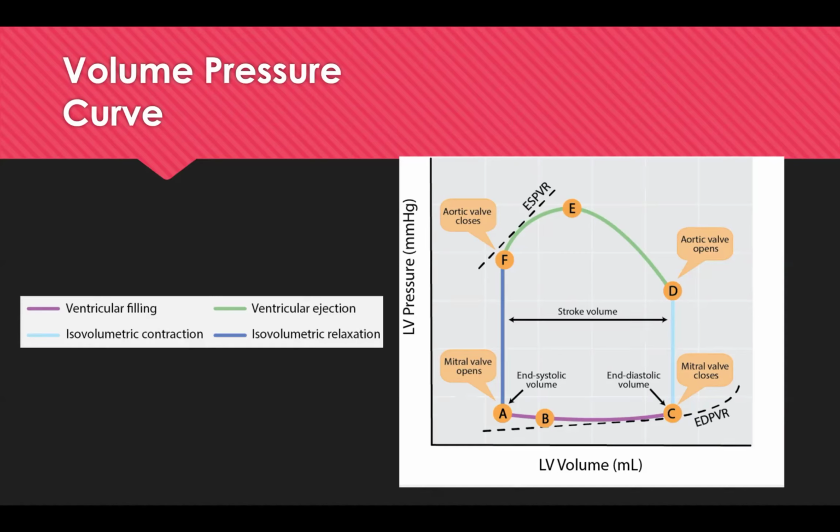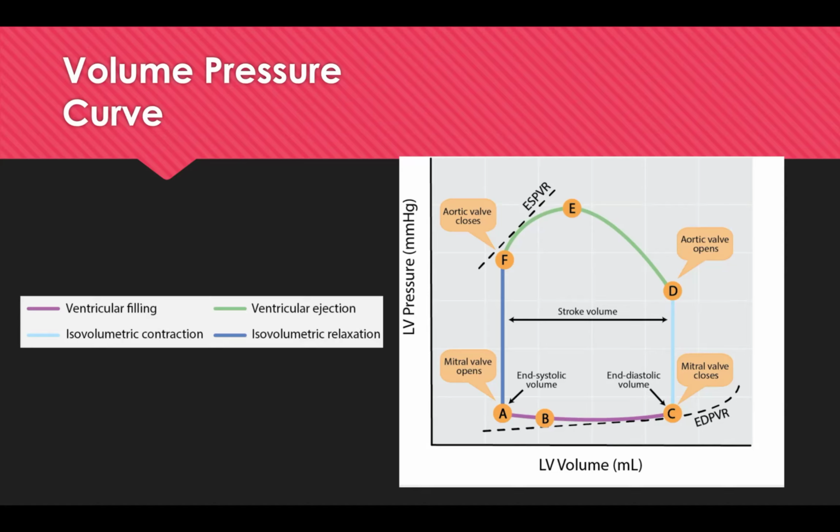Then the mitral valve closes at point C, and you go into isovolumetric contraction, which is where the volume stays exactly the same, but the pressure increases up to a point at D, where the aortic valve opens, and the pressure increases while the volume starts to decrease again up until point E, as the ventricles are contracting, and then finally the pressure will decrease again.